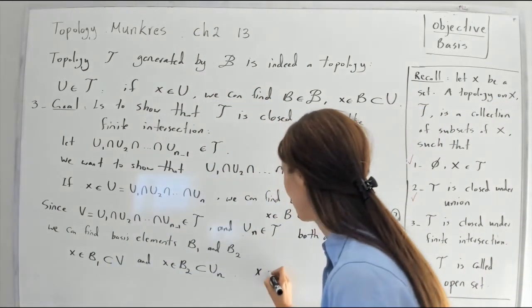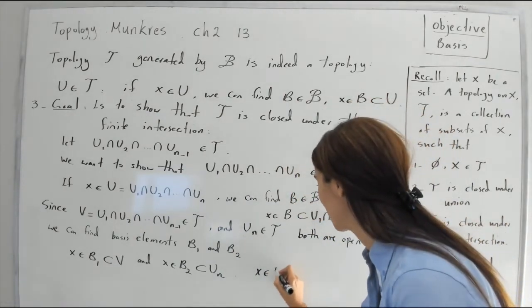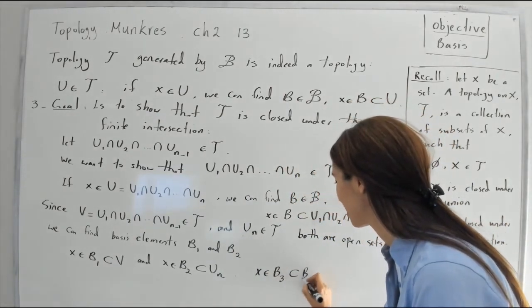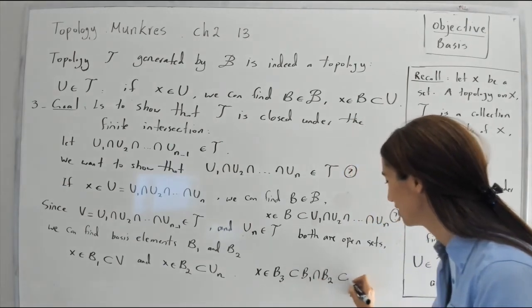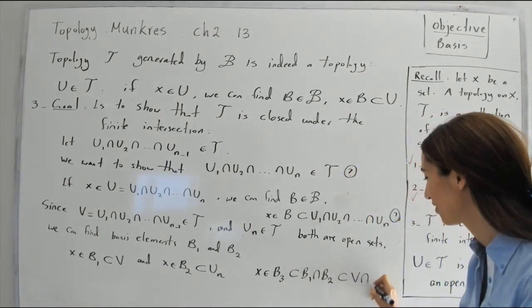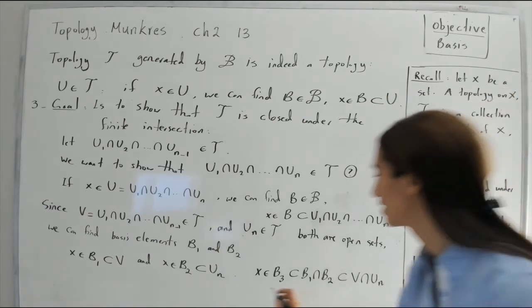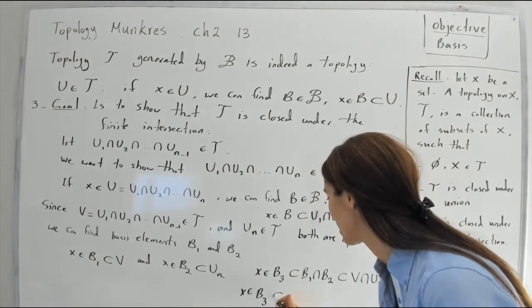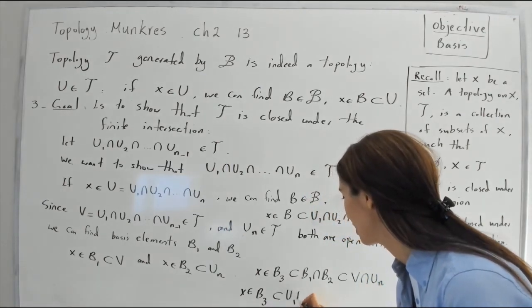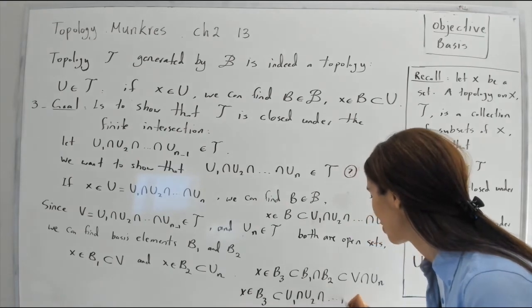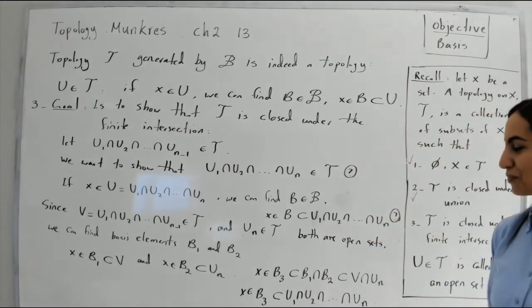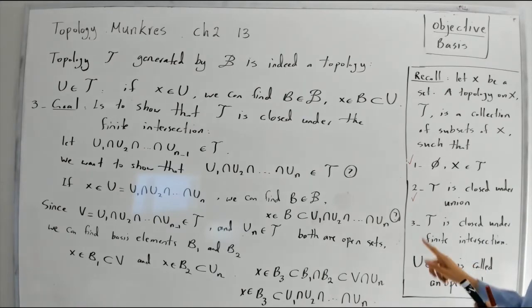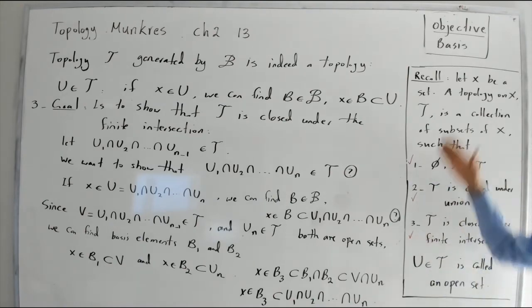X belongs to B3, which is a subset of B1 intersection B2, subset of V intersection UN. So X belongs to B3, which is a subset of U1 intersection U2 intersection UN. So we're done with the third one. It means that we just showed that a topology generated by a basis is indeed a topology.